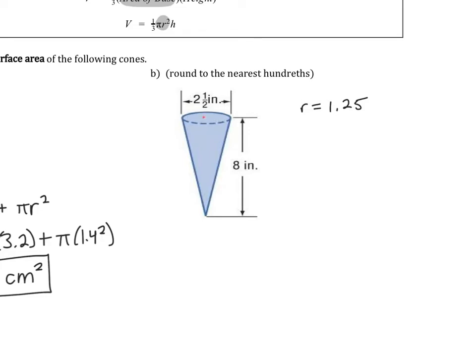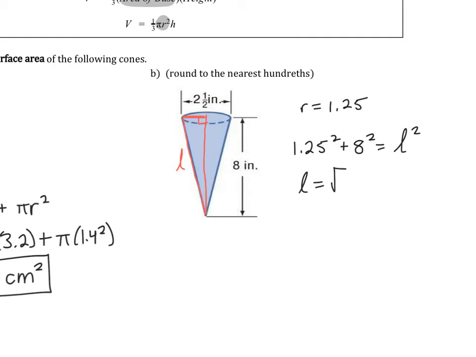We can make our own right triangle. We know that this length is 1.25, we know that this length is 8, and this is the slant height, which I'll denote with the L that we need to find. Since this is a right angle, we can find it using the Pythagorean theorem. So 1.25 squared plus this leg, 8 squared, equals our slant height squared.